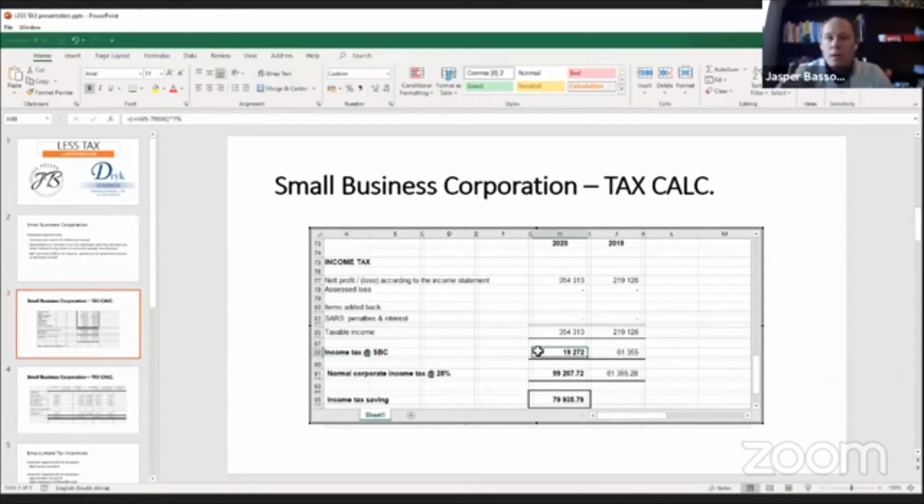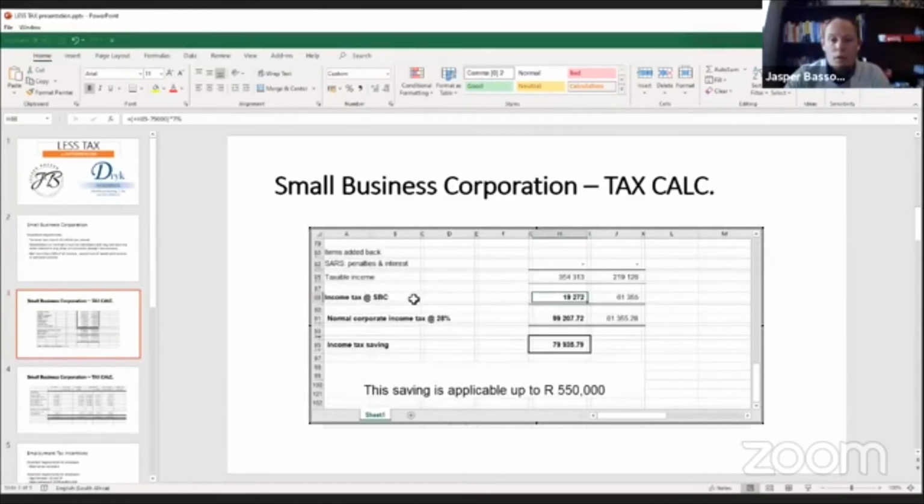Up to the first 78,000 Rand net profit, there's no tax. And then up to 315,000 Rand, it's only 7%. And then up to 550,000, which is the highest scale, you only pay 21%. So anything above that, you will actually pay 28%. That makes a massive difference in the tax.